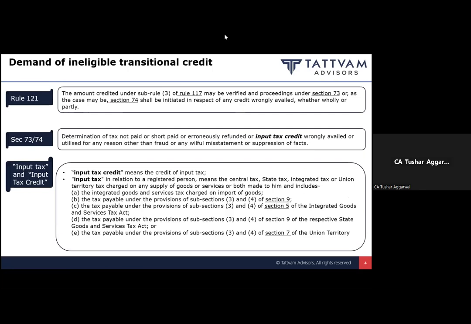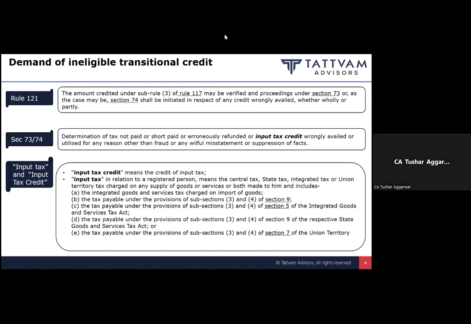If it is on account of fraud, willful suppression, etc., 74 will merit consideration. In all other cases, notice will be issued under section 73. So notice can be issued in cases like tax not paid, tax short paid, wrong refund, or input tax credit wrongly availed or utilized. Only in these scenarios can a show cause notice be raised.